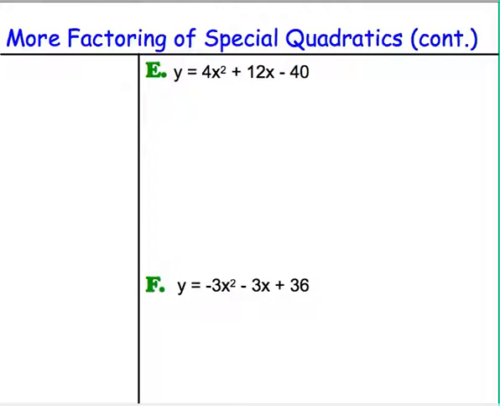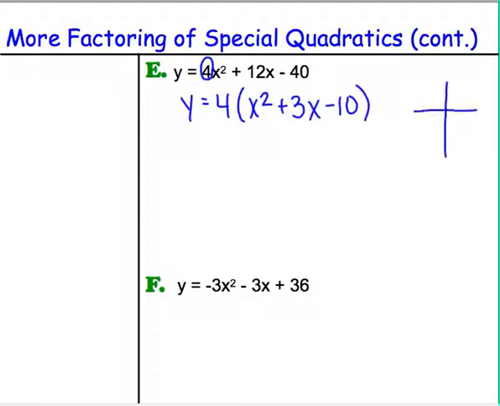Alright, welcome back. The 4 I see here is what I'm going to divide out, so I'm going to have y equals 4 times the quantity x squared. 12x divided by 4 is plus 3x, and negative 40 divided by 4 is negative 10. So now I need to make my t-chart that multiplies to negative 10 and adds to 3.